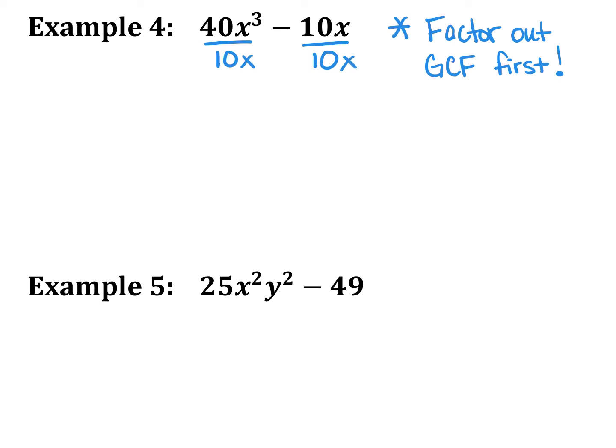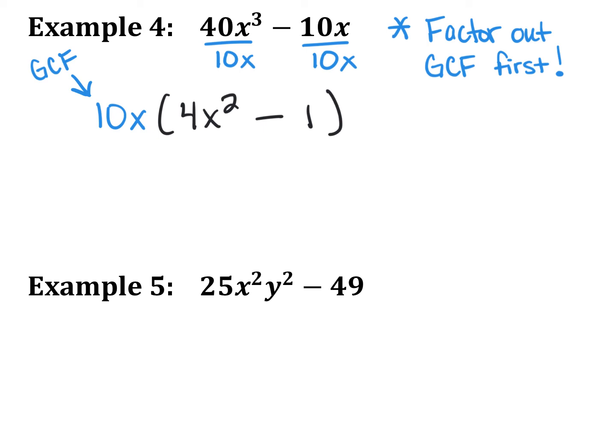So I'm going to go ahead and factor out that greatest common factor of 10x. And then when I divide 10x out of 40x to the third, I'm going to get 4x squared. Let me bring down the subtraction sign to separate. Now when I divide 10x out of 10x, I'm going to get just a 1 left over.